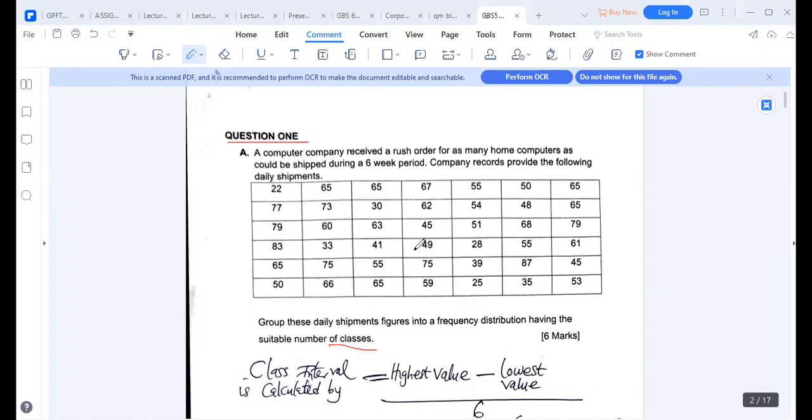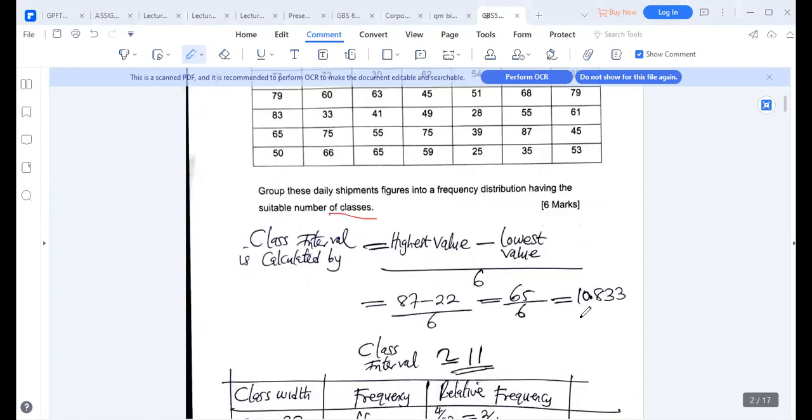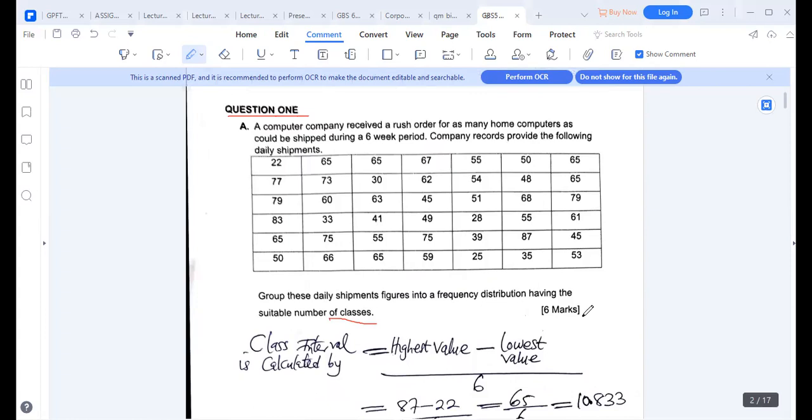Okay, so now getting to this information, what is needed here, first and foremost, is to find the range, which is just the difference between the highest measure and the lowest measure in the data set. So getting down to the range, we first look at the highest value.